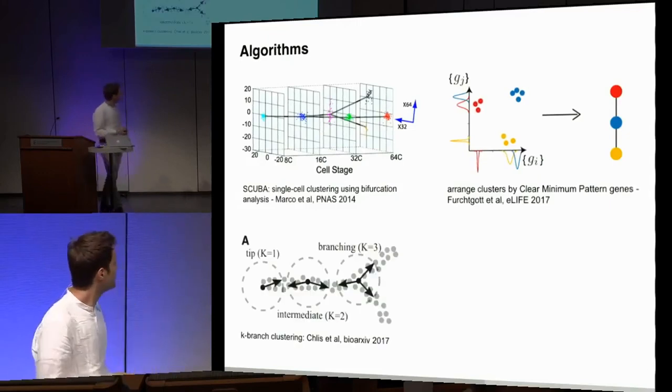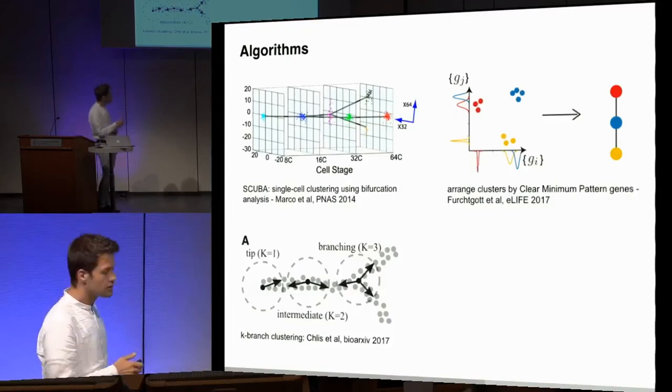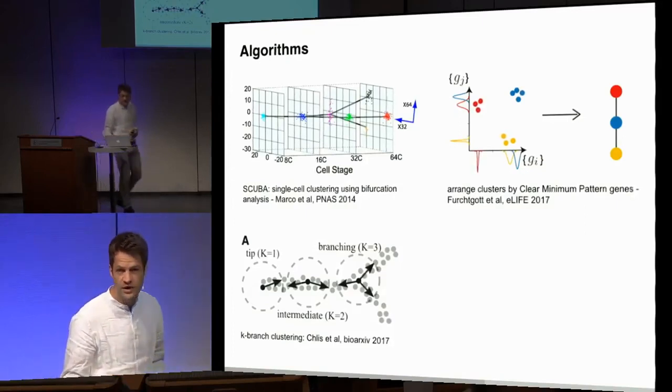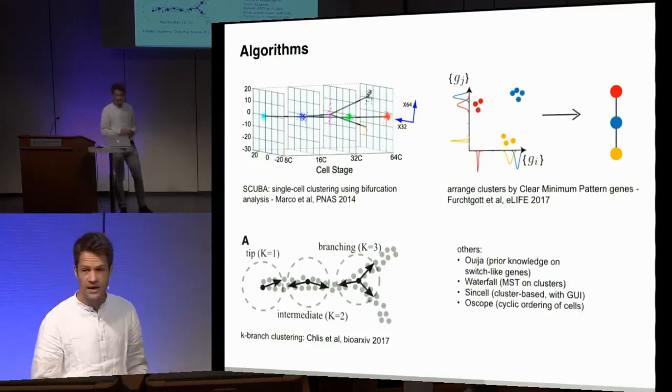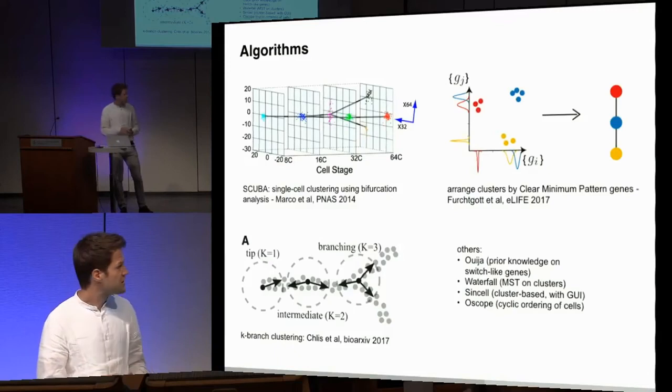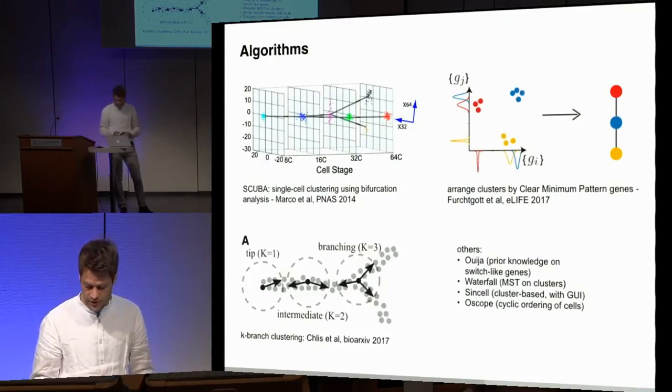And a recent work based on an extension of k-means to projective space to identify branching regions with k-branch clustering, as well as many others, which I guess don't say much in detail, except for the fact that here you can actually have additional prior information put into that.